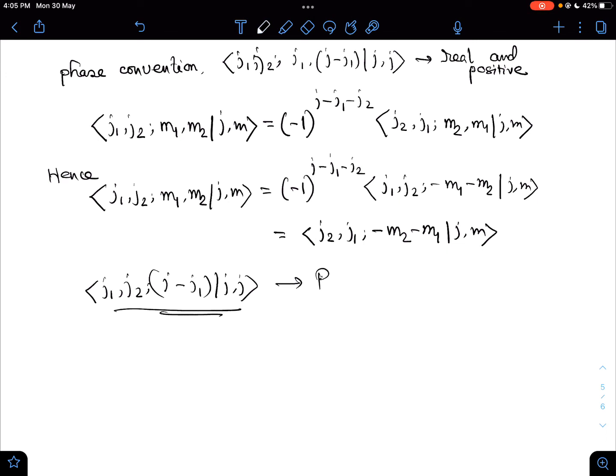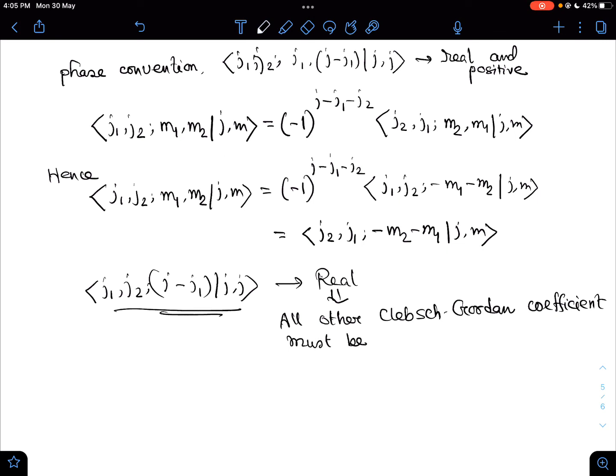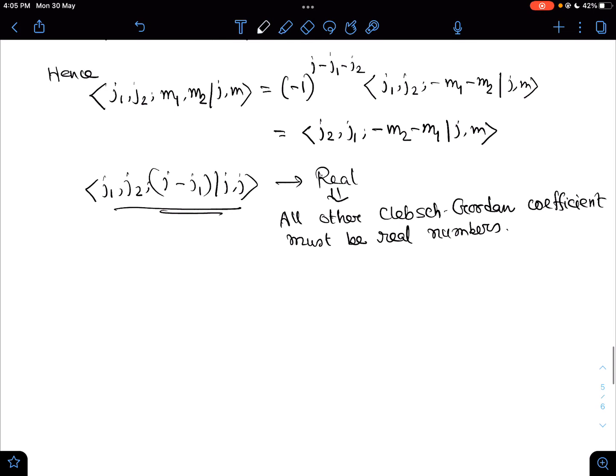This is real, so it implies all other Clebsch-Gordon coefficients must be real numbers.